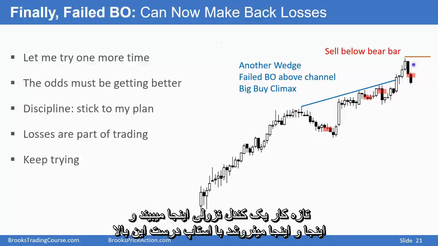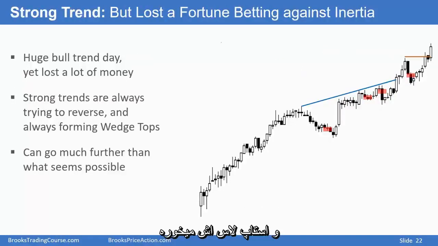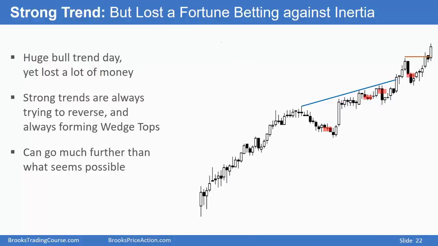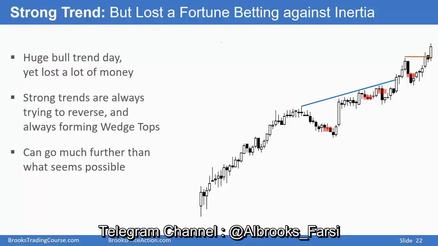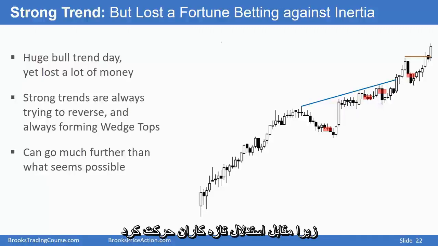So the beginner sees a bear bar, sells here or sells here, stop just above, and he gets stopped out. The bull trend is just way too strong. The pullbacks are too small. They're too brief, and it's clearly still always in long. Traders should only be looking to buy. A huge bull trend day, yet the beginner lost money because he kept betting against the trend.